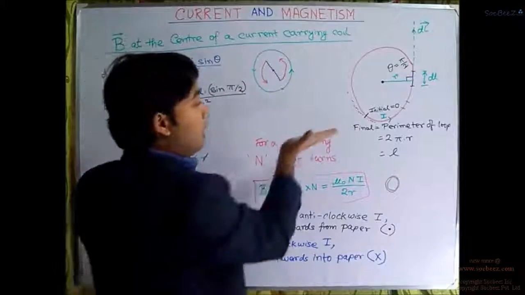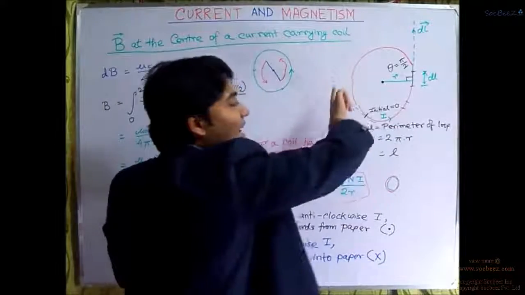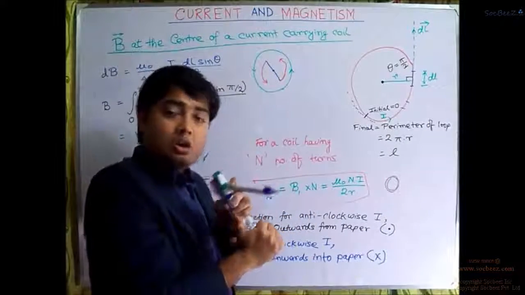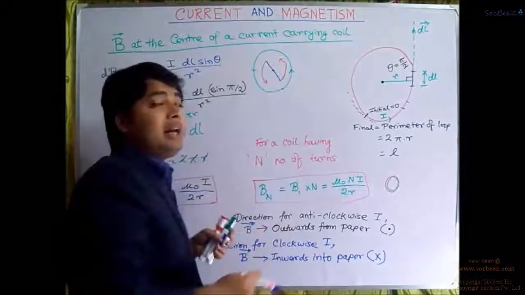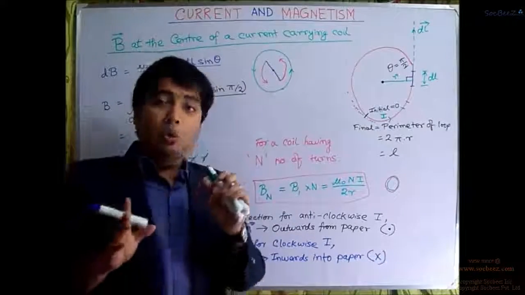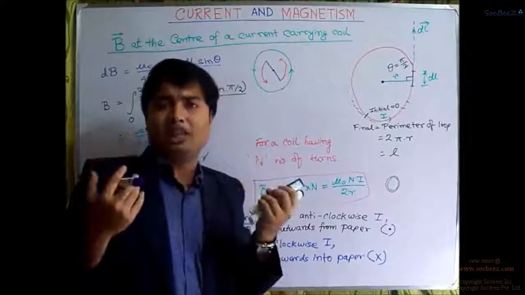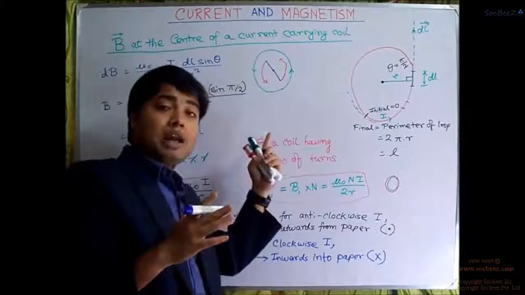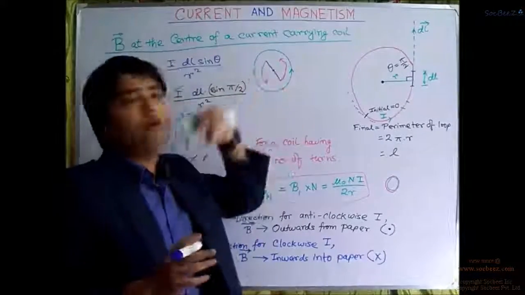If we curl the fingers of the right hand in the direction of the current, the thumb will indicate the direction of the bar magnet. This is an imaginary bar magnet. If the North Pole is towards you, within that magnet the lines of force flow from the south pole to the north pole, and you are seeing the north pole now.